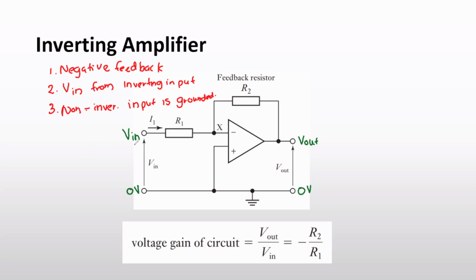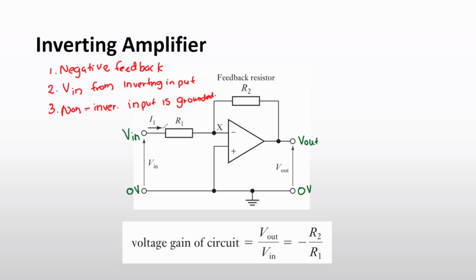So according to the second golden rule, as there is no input current from this terminal to the op amp, that means no current flows towards the op amp.